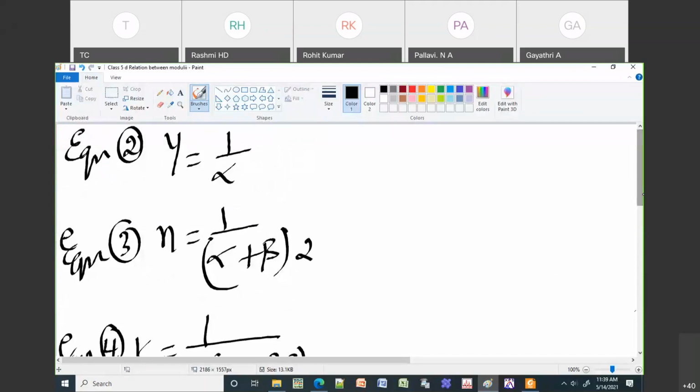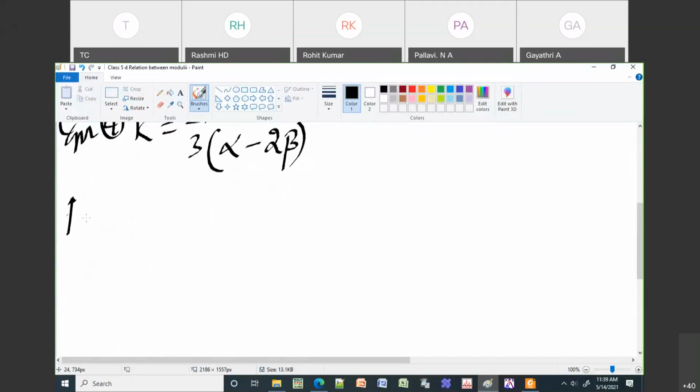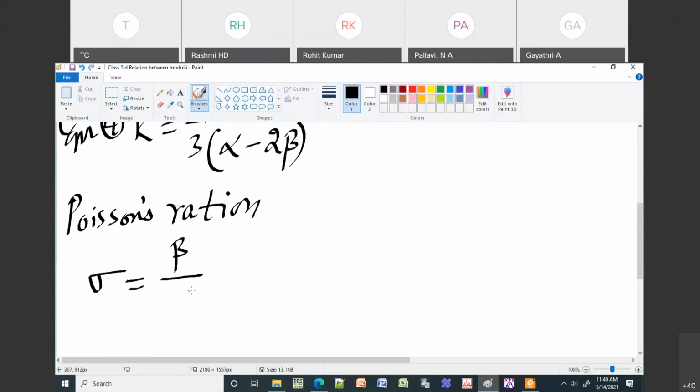At the same time, you should also know the Poisson's ratio. What is the Poisson's ratio? Poisson's ratio, sigma, is lateral strain by longitudinal strain, which is beta by alpha. Yes, Ananya, it is lateral strain by longitudinal strain.